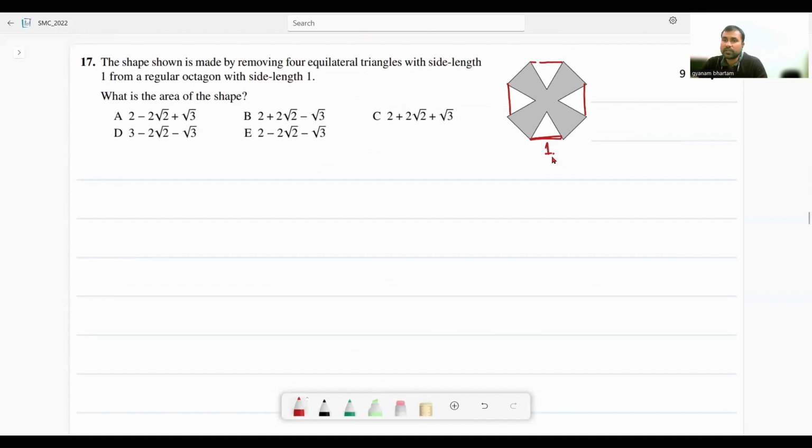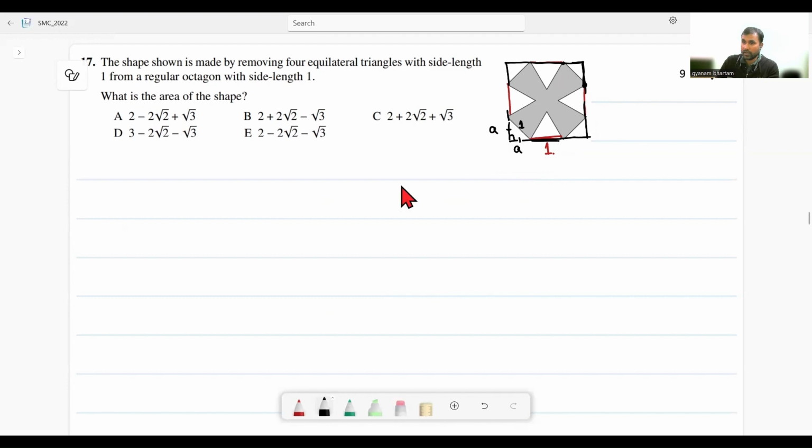Now for the octagon, what is the easiest way to find the area? Can we just make it a square? If you make a square, this side is 1, this is 1. Now by symmetry, it's going to be 90 degrees, and these two are equal.